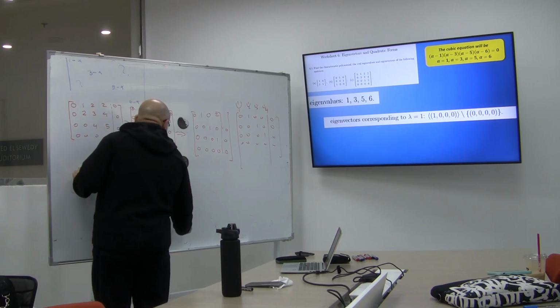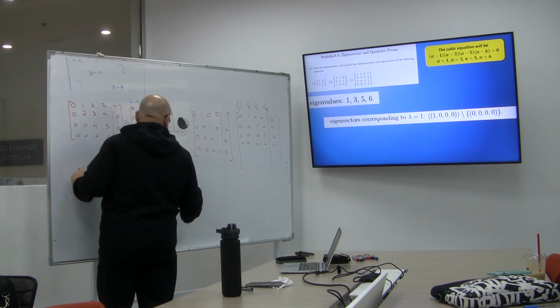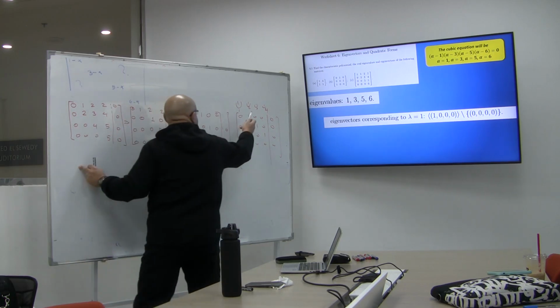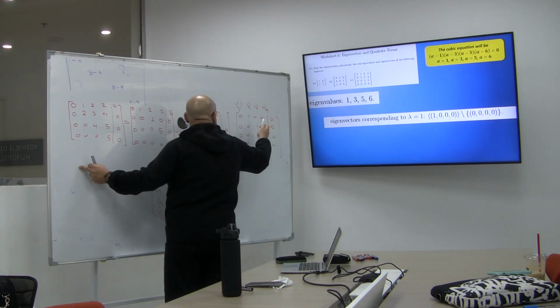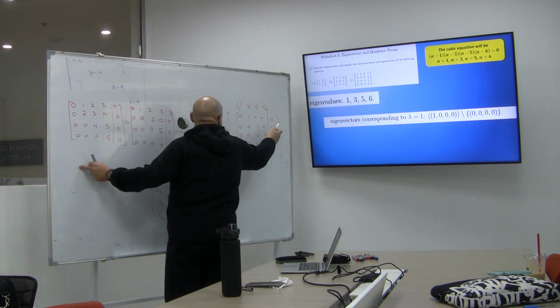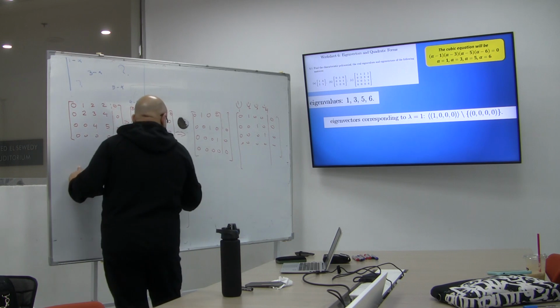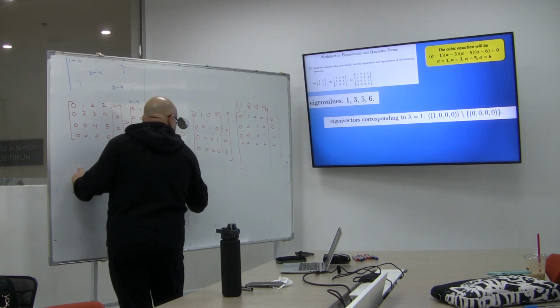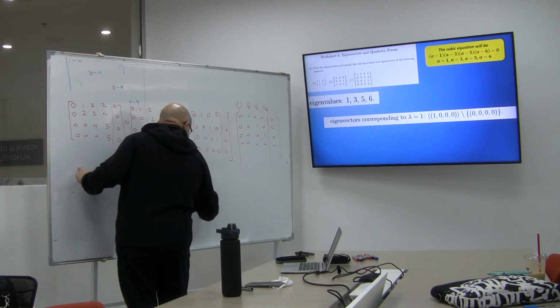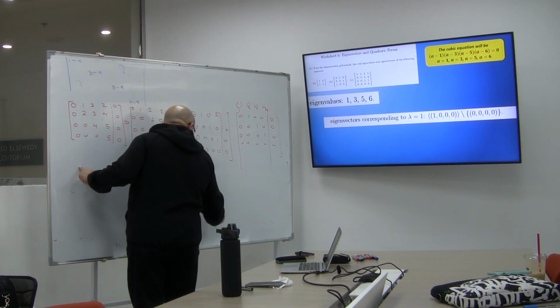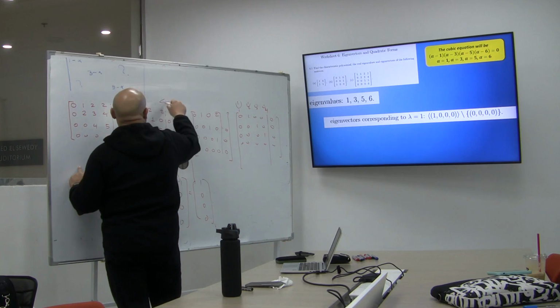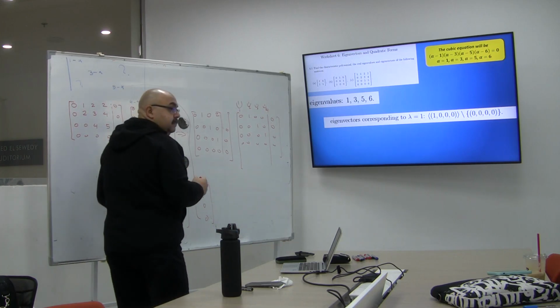Start substituting. So I will have U1 sub 1, but U1 2 from here, U1 2 is equal to 0. U1 3 is equal to 0, and 0. I will consider U sub 1 is equal to 1, so this is going to be the eigenvector corresponding to alpha is equal to 1.